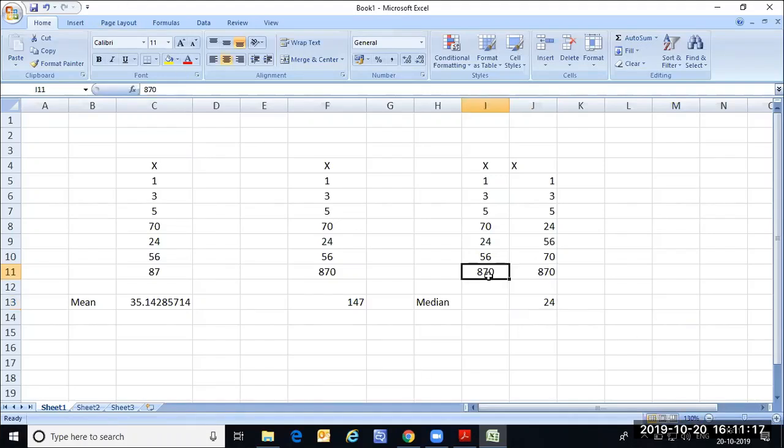Though there is an outlier in our data, has the median got influenced by the outlier? No, right? It still stays at a similar level. And that is where median can be relied upon to understand the centrality of the data, though there are extreme values or outliers existing in your data.